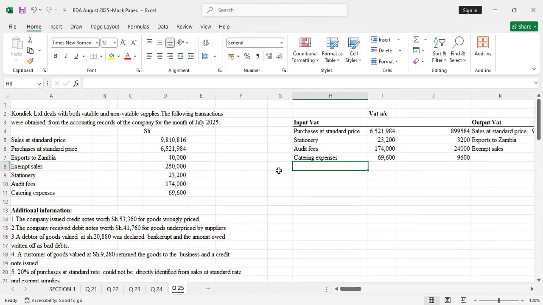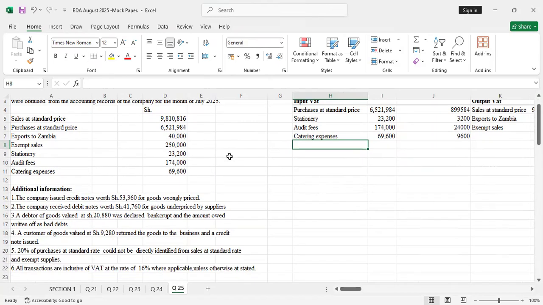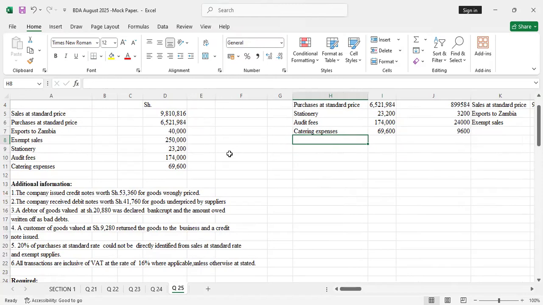So the other thing that I'm now having, I'll go to additional information. Under the additional information, we are told that, number one, the company issued credit notes worth shillings 53,360 for goods wrongly priced.